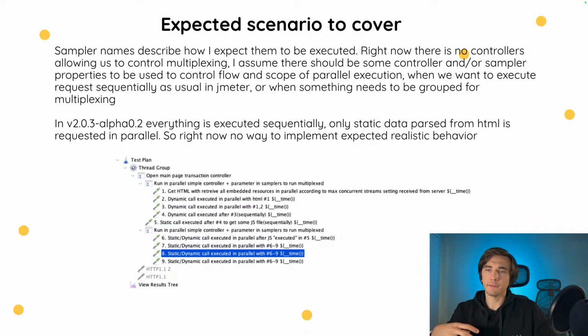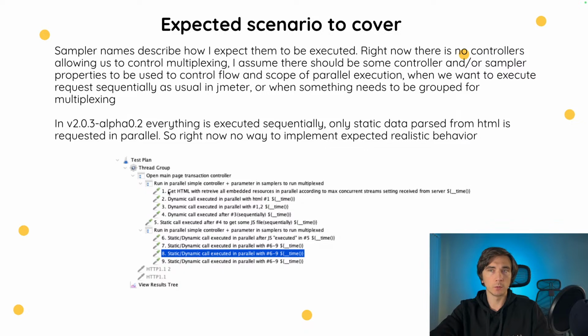Let's say I have an HTML page that downloads static resources, like all the embedded resources, in parallel. Yeah, now the plugin can do it in this version. But what if I want to execute, let's say, these requests 2, 3, and 4 in parallel? Or I want to execute 2 in parallel with 1 and 3 in parallel with 1 and 2.